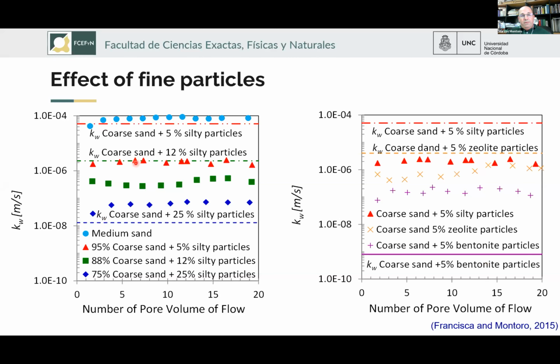If we carefully observe the figures, we can see that the hydraulic conductivities of the specimens with 5% silty particles, 12% silty particles, and 5% zeolite particles never reach the original values of the hydraulic conductivities, because of the presence of NAPL ganglia in the pores that reduce the available space for water flow, with the consequent decrease in the measured hydraulic conductivity.